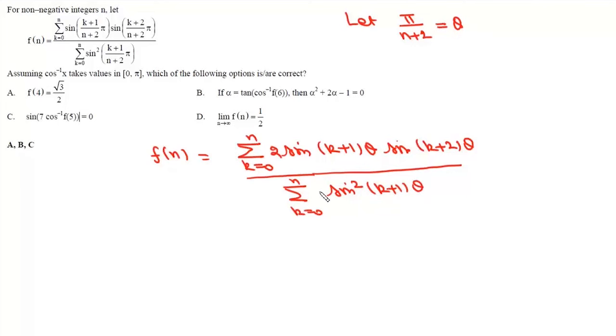Now we'll multiply and divide it by 2. Now this is 2 sin A sin B, and we know that 2 sin A sin B is cos(A minus B) minus cos(A plus B).